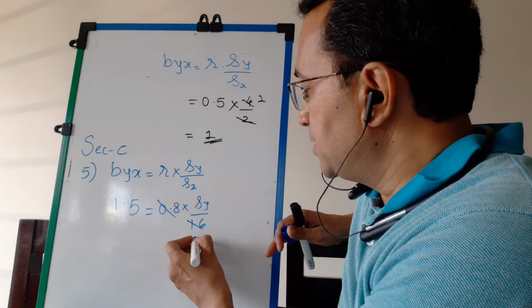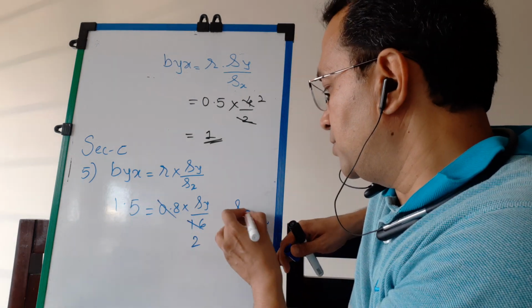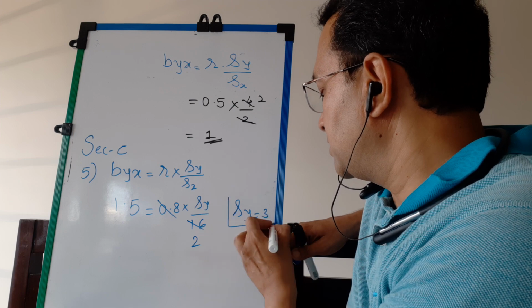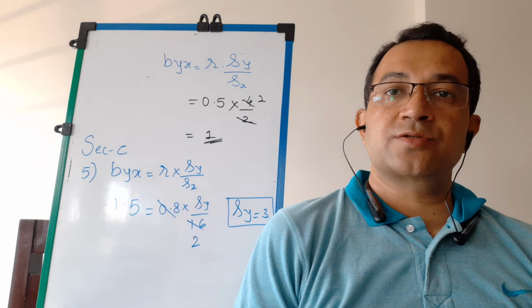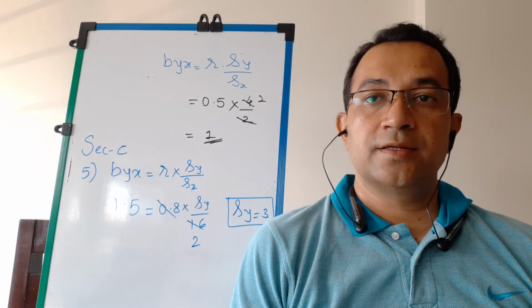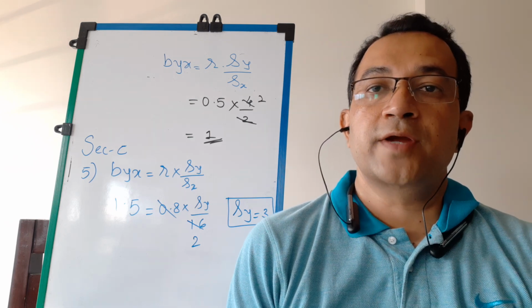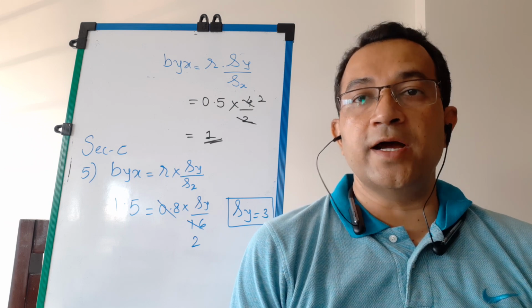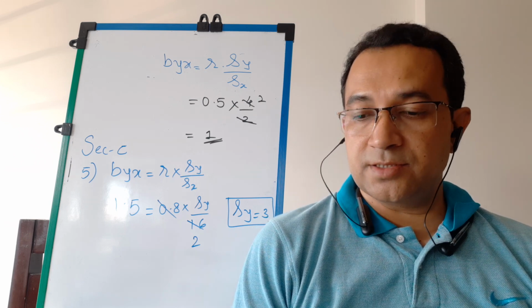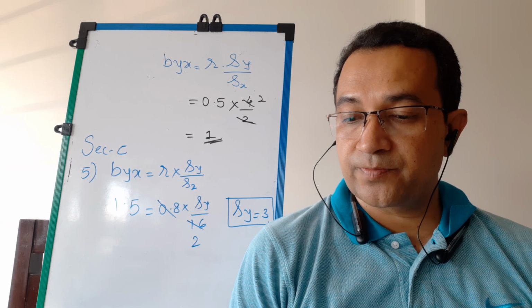Yes, 1.5 into 2 will be 3. Now check, students, what is difficult here. Simply with the help of calculator, students, we have to substitute in the formula and simplify and get the answer. These are the most interesting questions.